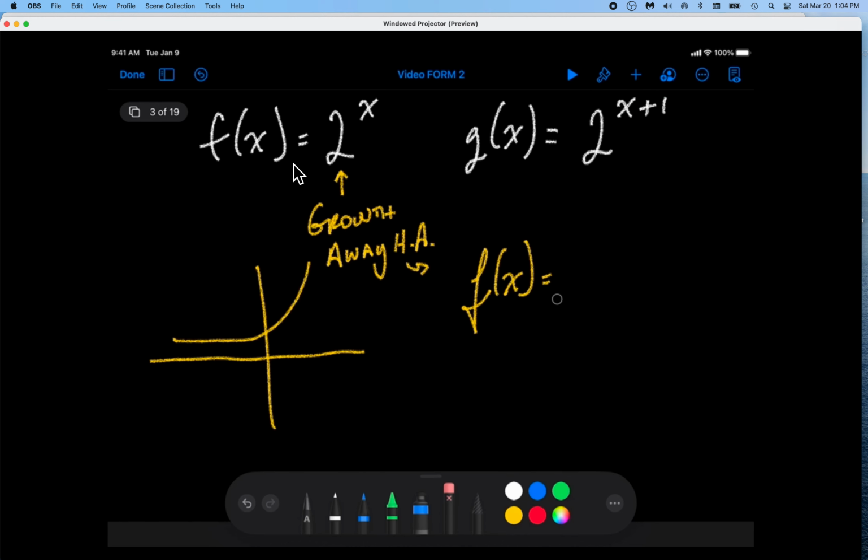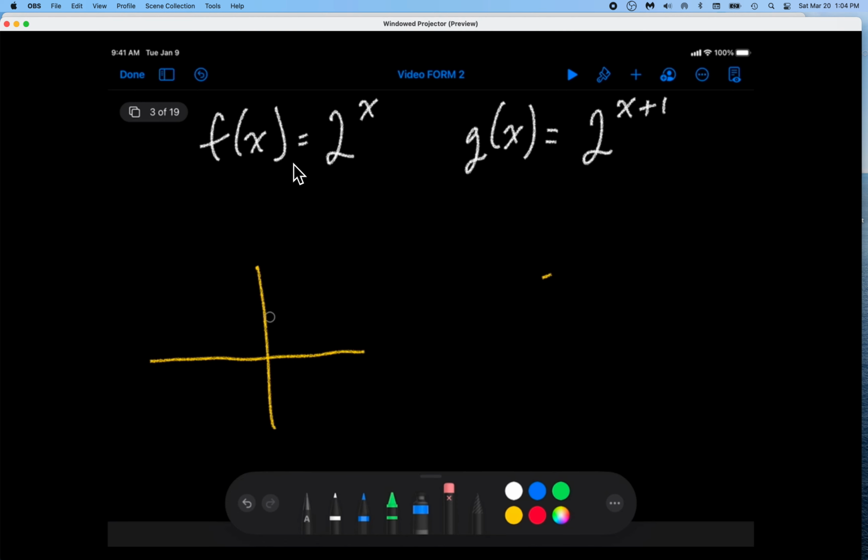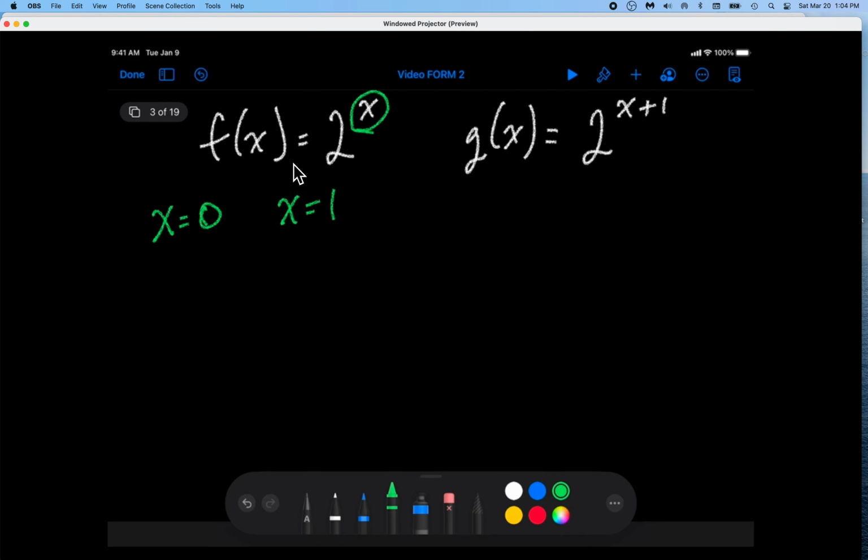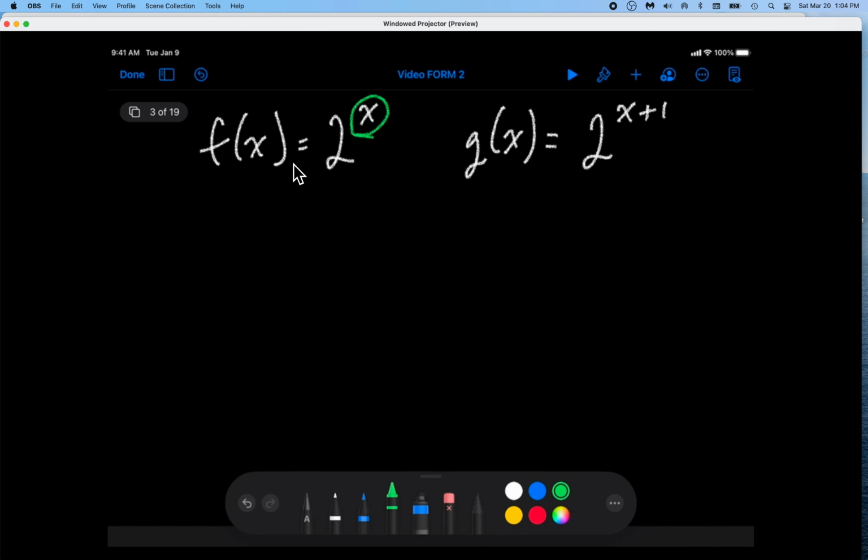Okay, now let's do what they say. They want us to graph it on the same coordinate plane. The way you graph exponential functions is as follows. You take this construct and you set it equal to 0, and you set it equal to 1, and whatever x values are revealed, that is what you use in your table.